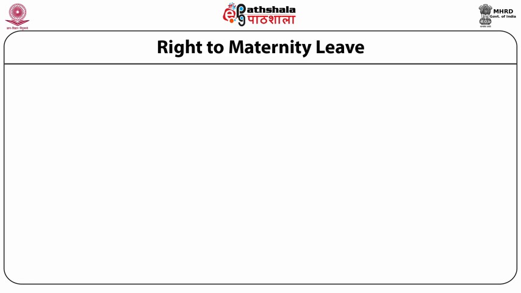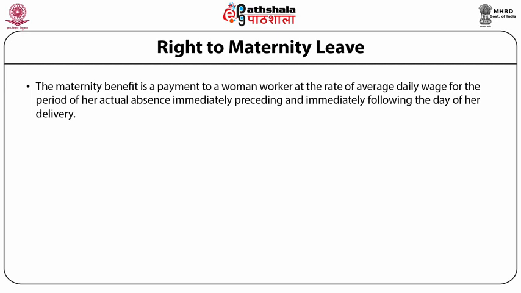The maternity benefit is a payment to a woman worker at the rate of average daily wage for the period of her actual absence immediately preceding and immediately following the day of her delivery.